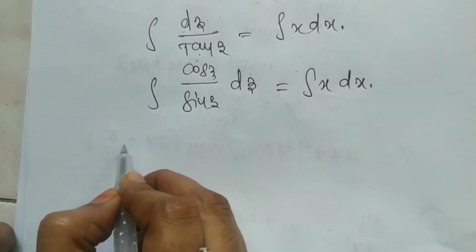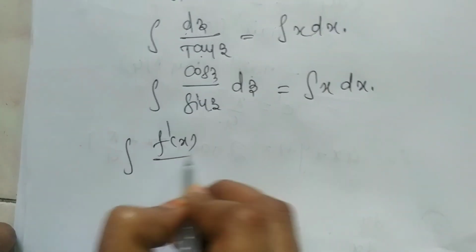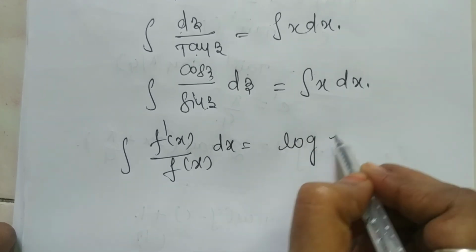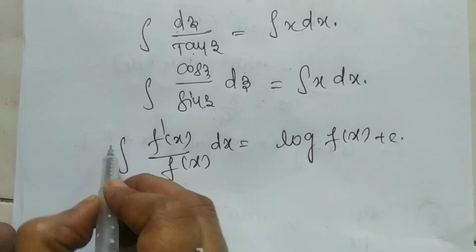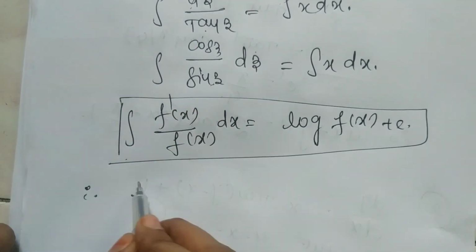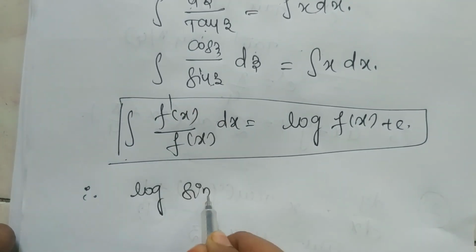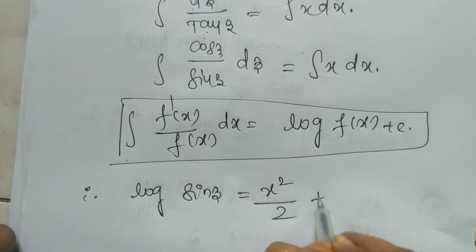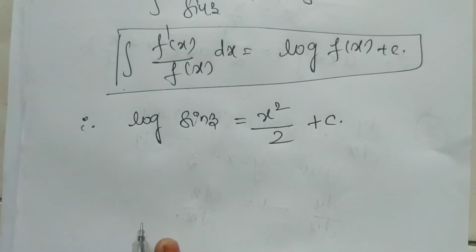So here the formula: integration of f dash x by f of x dx equal to log f of x plus c. So then we get log sin z equal to integration of x, which is x square by 2, plus constant c.